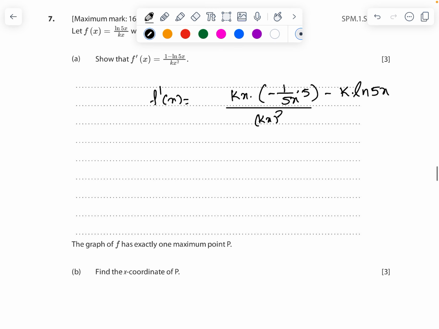So what does that become now? The x gets cancelled, the 5 gets cancelled.